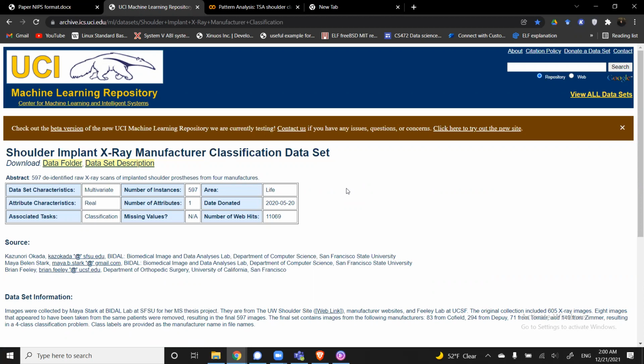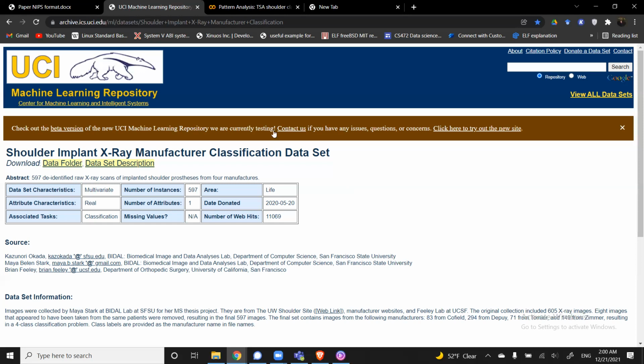So how can that be used? It can be used in the process of replacing or repairing the prosthetic joint. So knowing who the manufacturer was is a valuable piece of information.